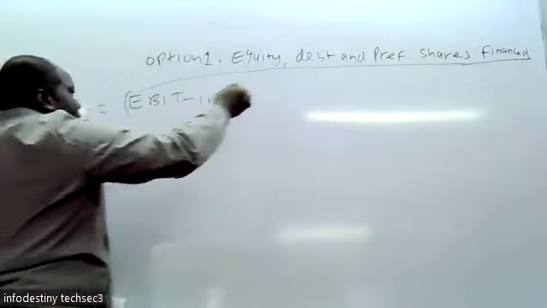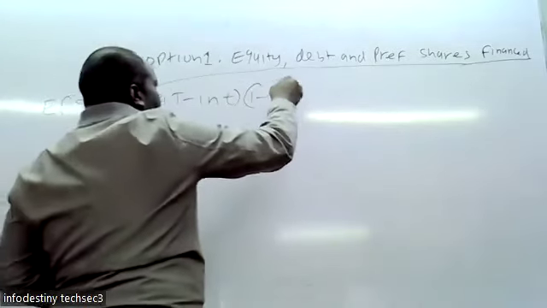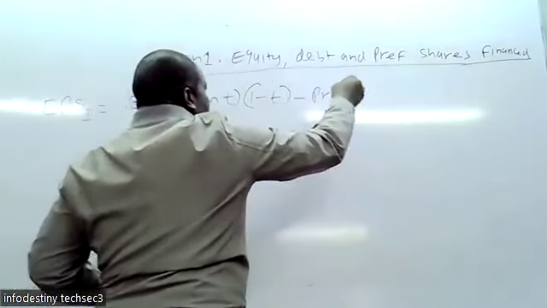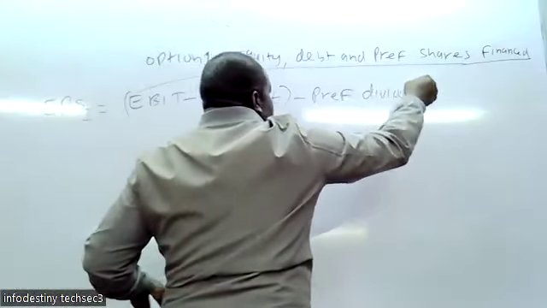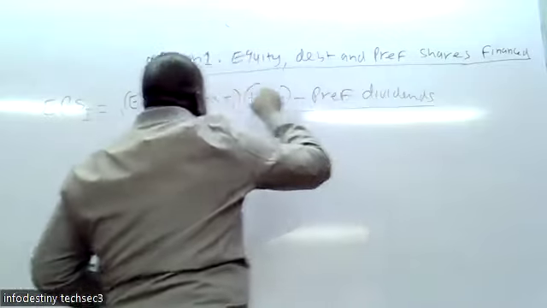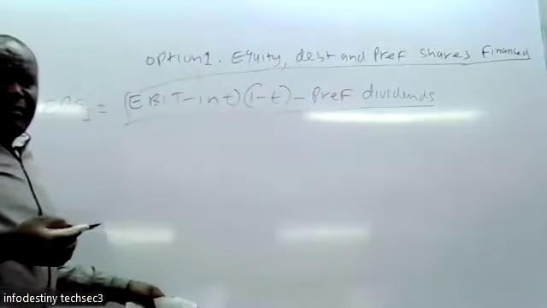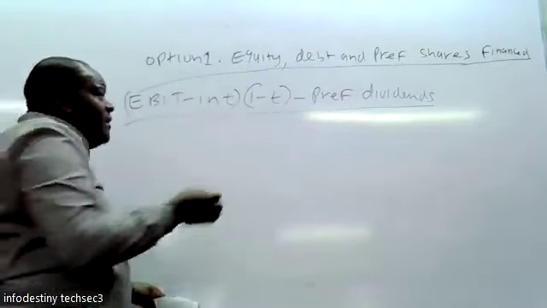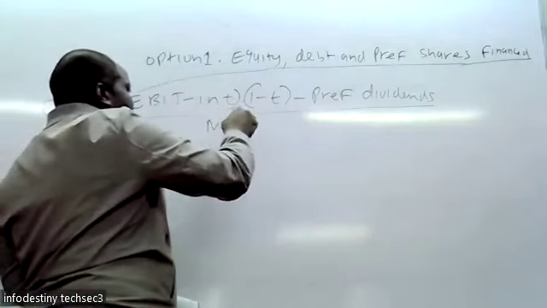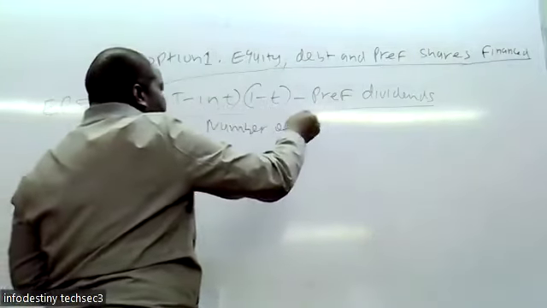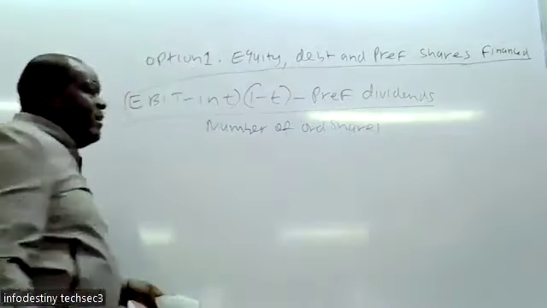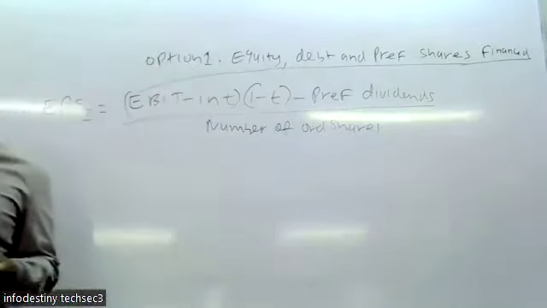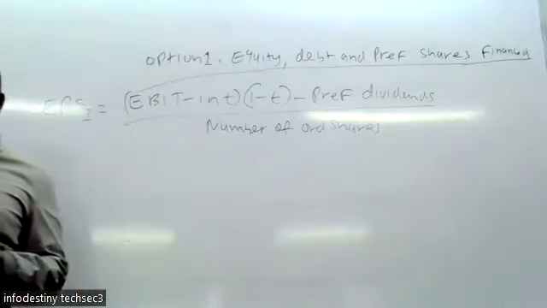We subtract interest, times 1 minus the corporate tax, then we subtract the preference dividends, then divide by the number of the ordinary shares.